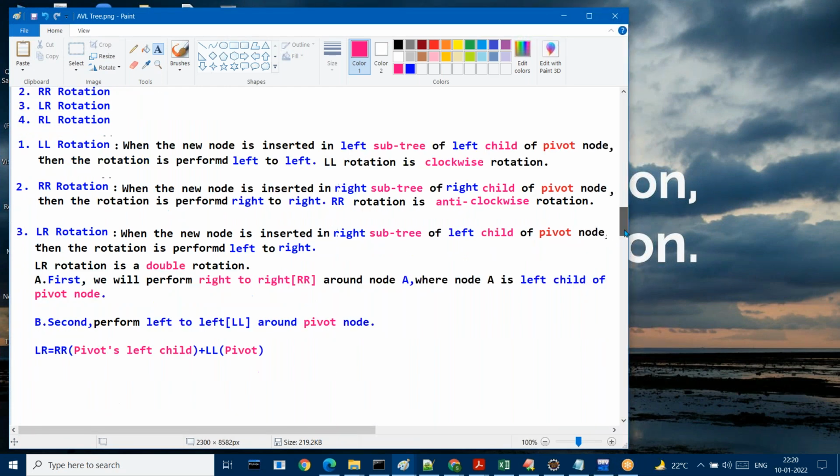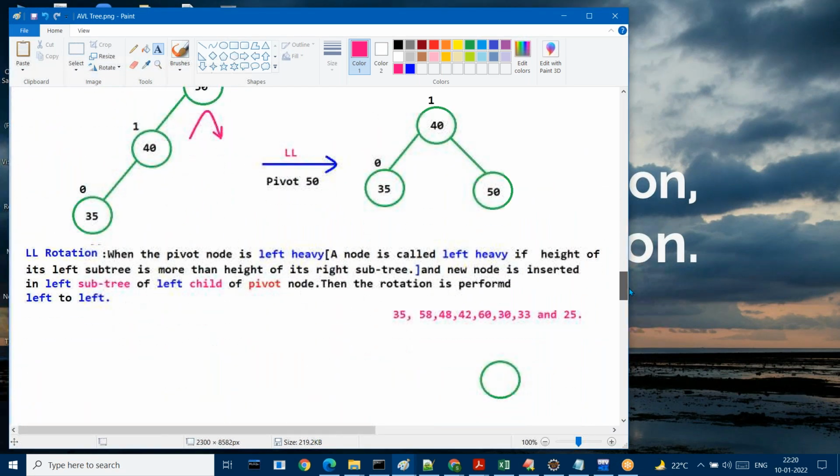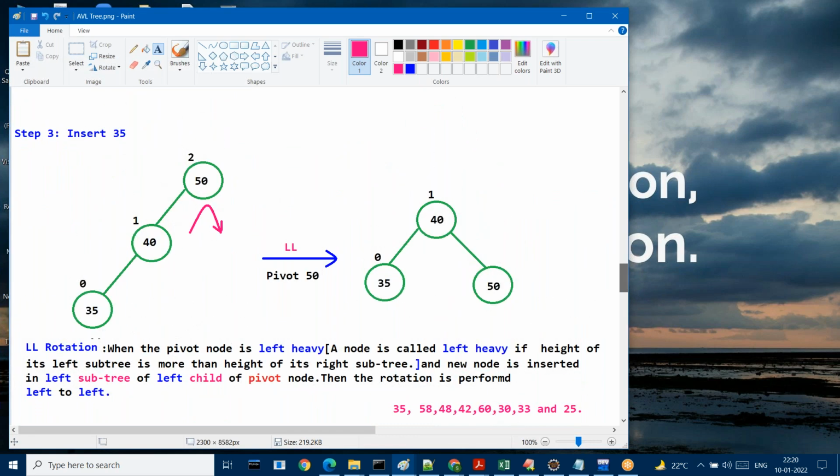I'm moving very slowly. Okay. So up to this is done, sir. So what is your current tree? Sir, this is my current tree.